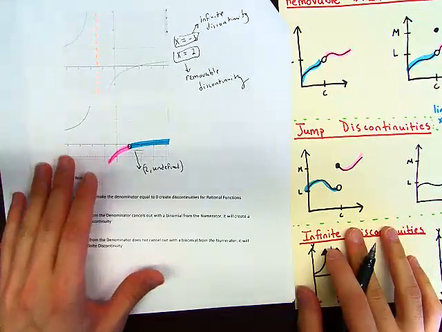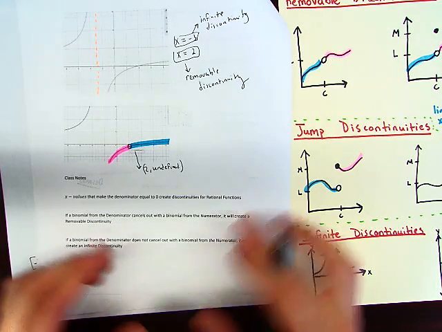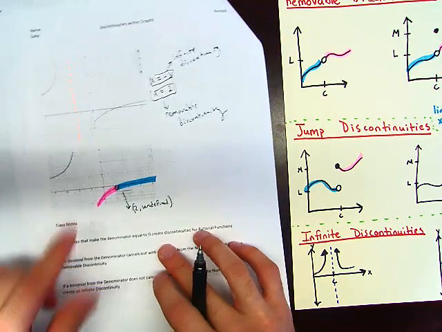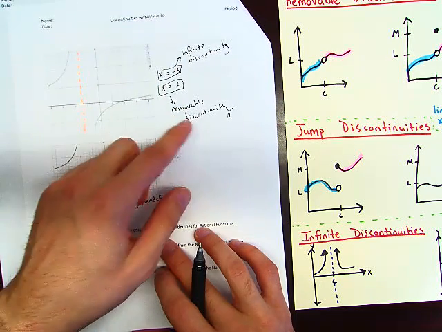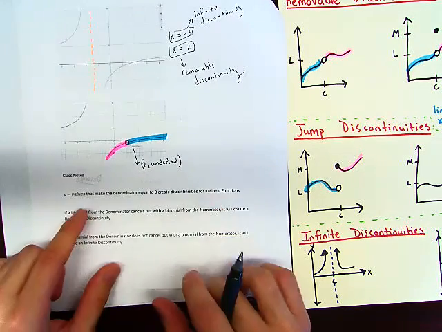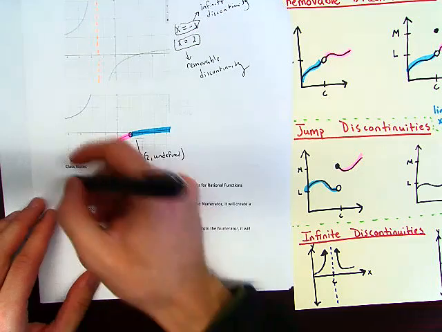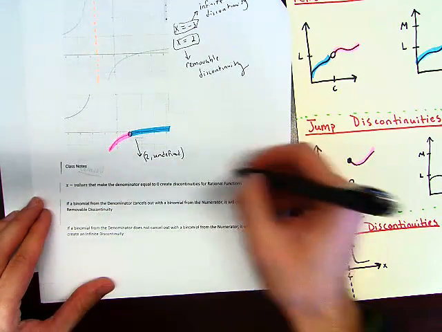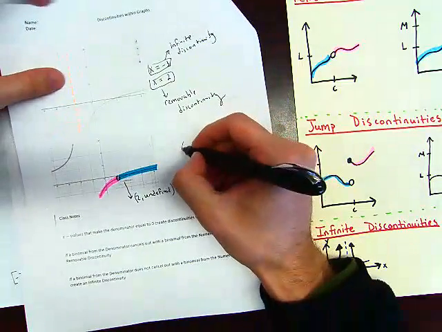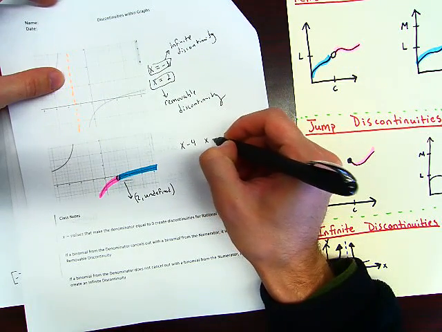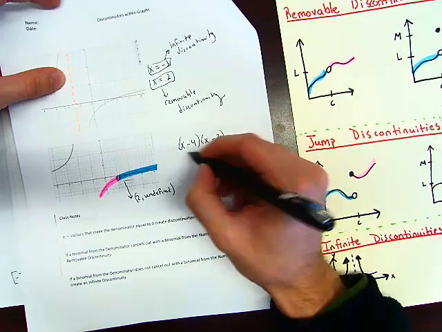Okay? But now we need to understand, when we have a rational function, when will it become an infinite discontinuity and when will there be a removable discontinuity? Here, this is the class notes I want you to write down. If we had the other function, what was it real quick? It was x minus 4, x minus 2 on top, and what was on the bottom?